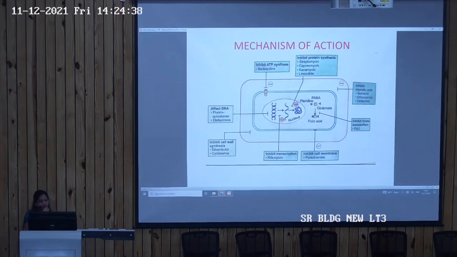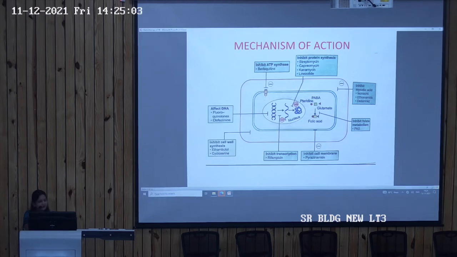Then inhibiting the folate metabolism, para-aminosalicylic acid, PAS, is inhibiting the folate metabolism and the DNA synthesis. Inhibiting the cell membrane, pyrazinamide, with the mycolic acid synthesis also. Inhibiting the transcription, rifampicin, by inhibiting DNA-dependent RNA polymerase enzyme.